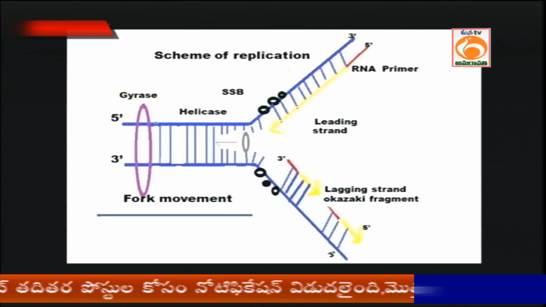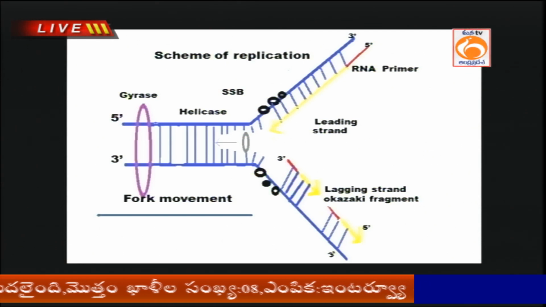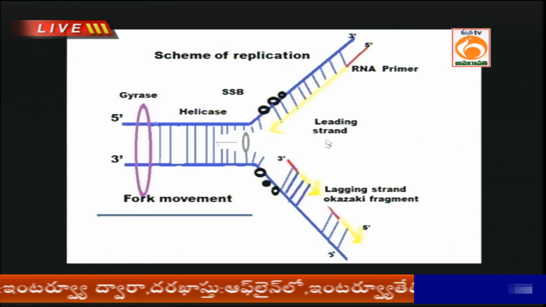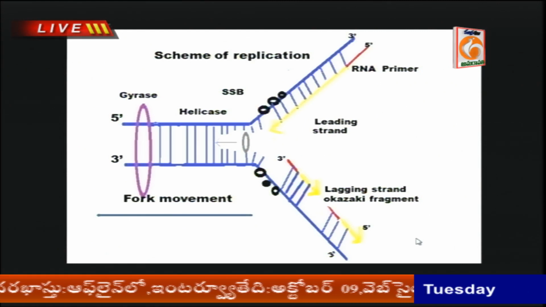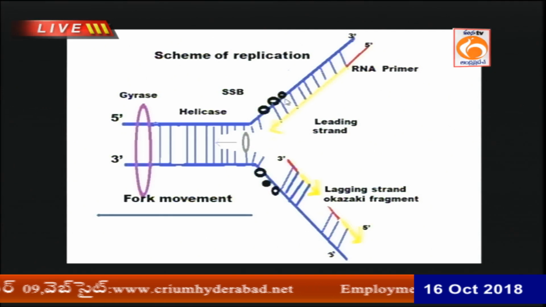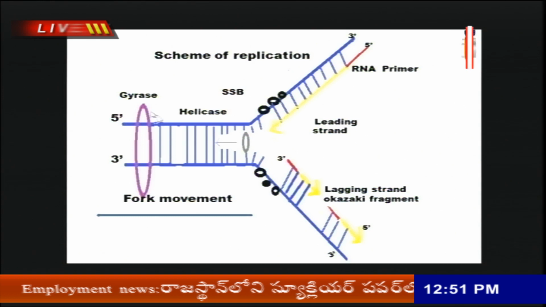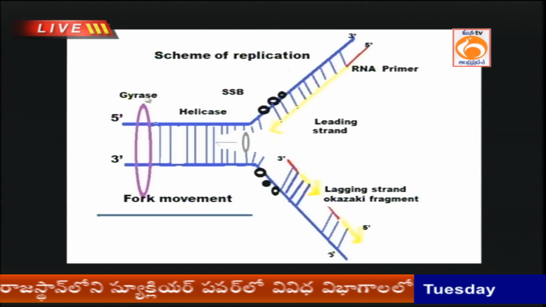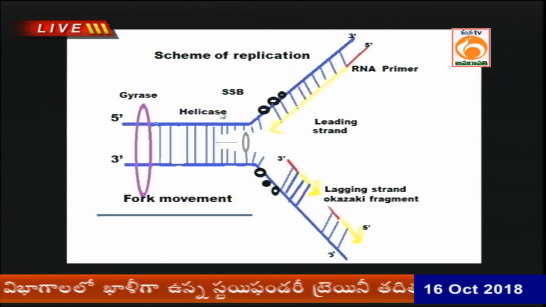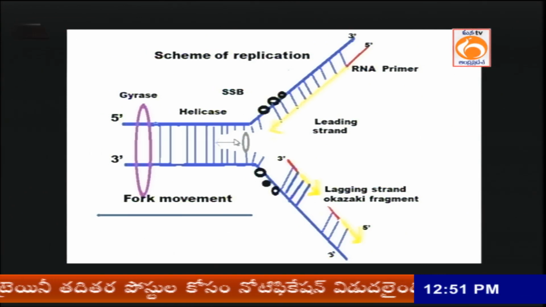This is the scheme of DNA replication. It shows the movement of the replication fork, how primers are synthesized, and how single stranded binding proteins stabilize the strands. Gyrase enzyme removes topological tension, because it is a specific example of the enzyme topoisomerase, and helicase enzyme unwinds the DNA by breaking the hydrogen bonds.